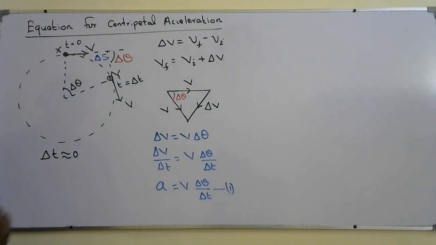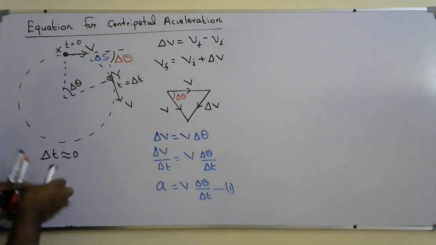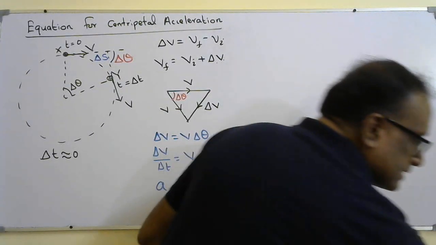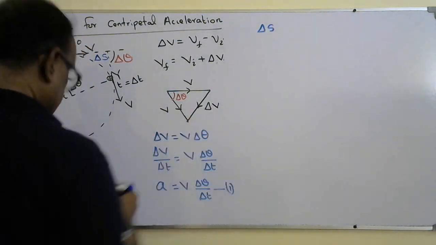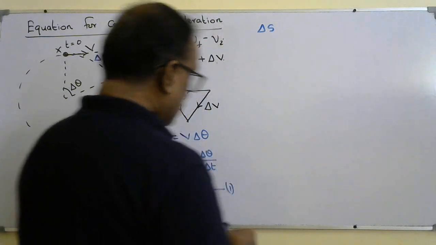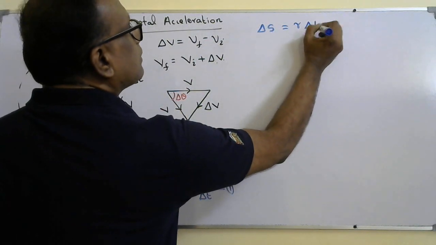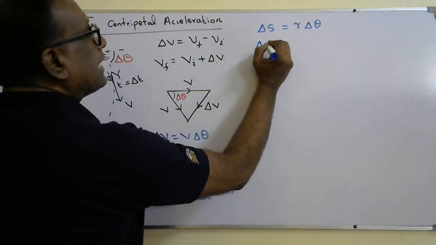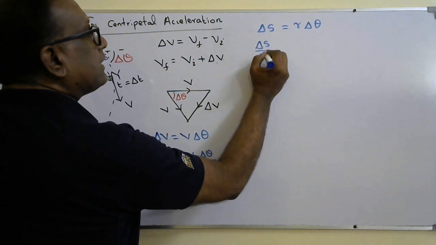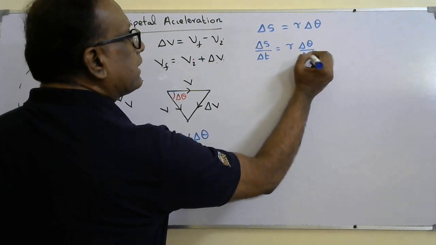Now when I consider this small segment from x to y, that delta s, I can say delta s is equal to r delta theta. Divide this by the time delta t, so delta s over delta t equals r delta theta over delta t.